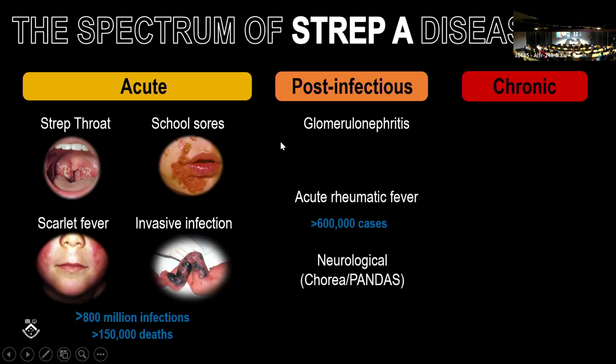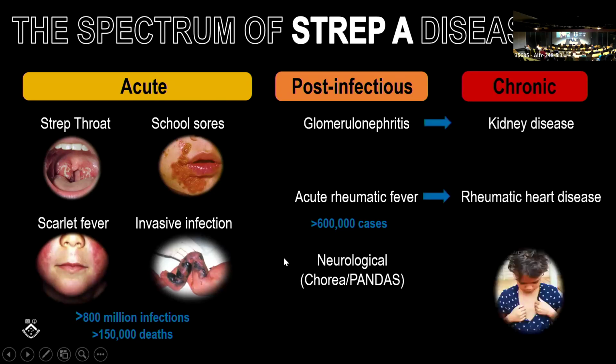Strep A infection can also trigger some really fascinating post-infectious autoimmune sequelae, things like glomerulonephritis and rheumatic fever. And there's about 600,000 cases of ARF every year, and also some fairly quirky neurological sequelae as well.